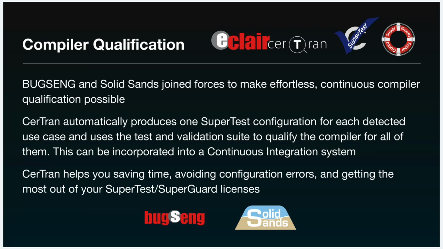So if you need to qualify the compiler, you need to know exactly which are the options that you're using. And instead of mapping and configuring all the use cases manually, CertRun does it automatically for you, producing a configuration of supertest for each detected use case. And this speeds up the qualification work and avoids surprises due to manual error.